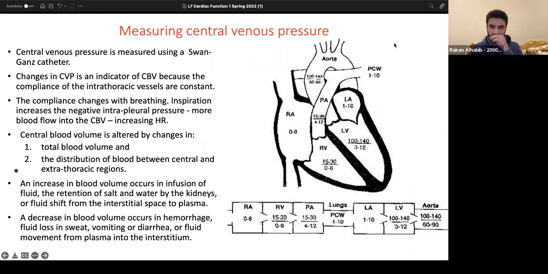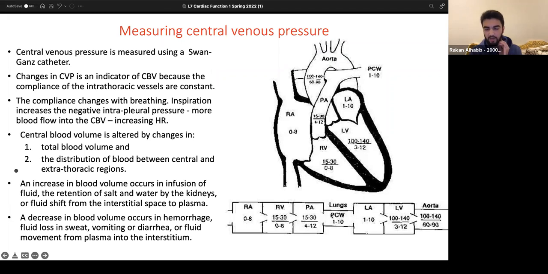Okay, so here he just says what I just said, and he says something about central venous pressure. You can measure this by a catheter. PCW is basically the pressure that lies within the pulmonary veins up to the left atrium.